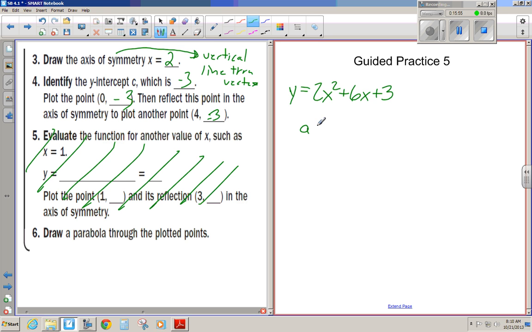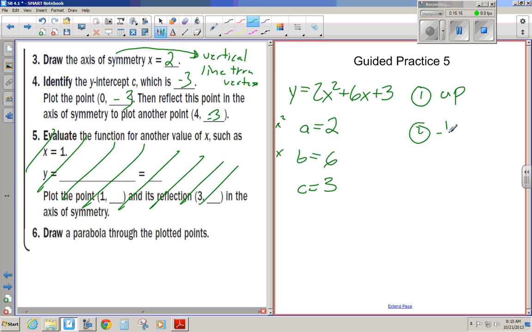A is the number in front of the x squared. B is the number in front of the x. And C is just by itself. So, step 1 was opens up or down. You should say it opens up.